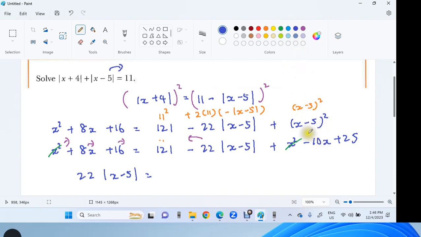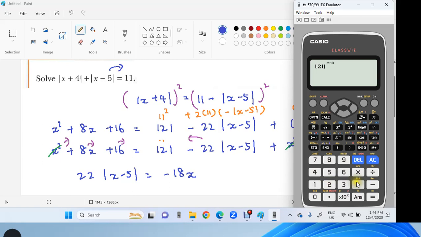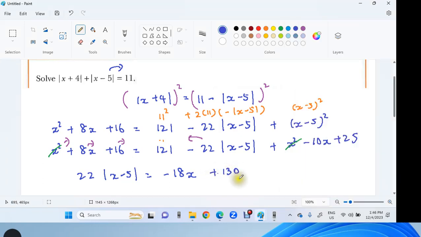Negative 10 minus 8 is negative 18x. I have 121 plus 25 minus 16. It will become 130. So plus 130.